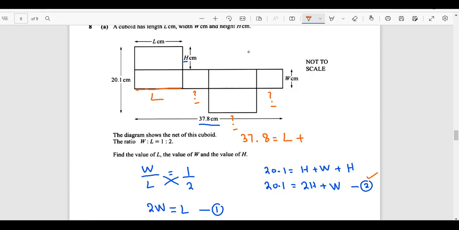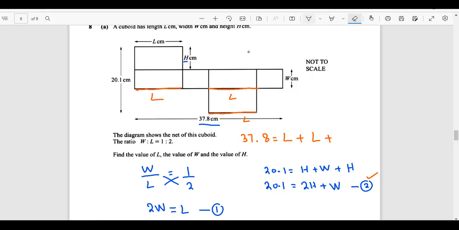Okay, we're talking about 37.8. This side is L. This side would also be L. So if that side is L, this would be L. Okay. Then what about these question marks? So far we have L plus these question marks. Okay, we are looking for these.